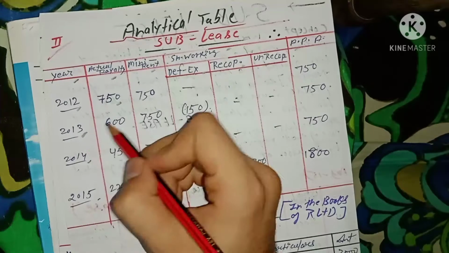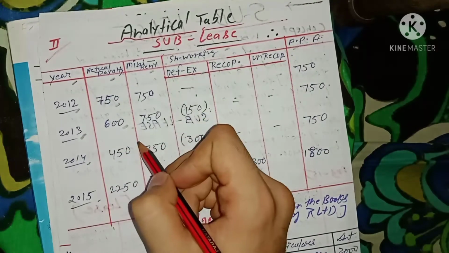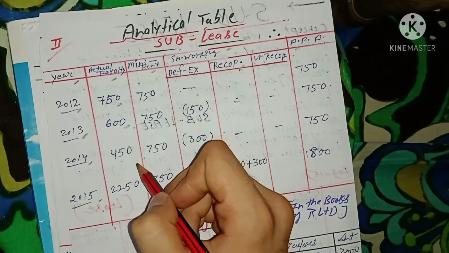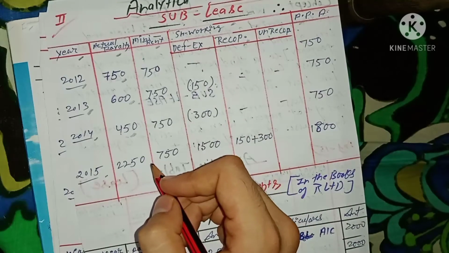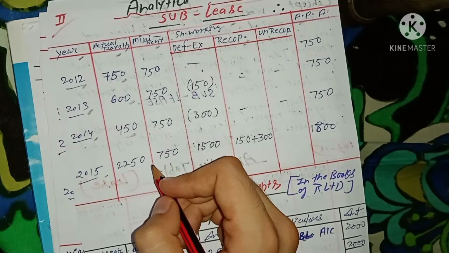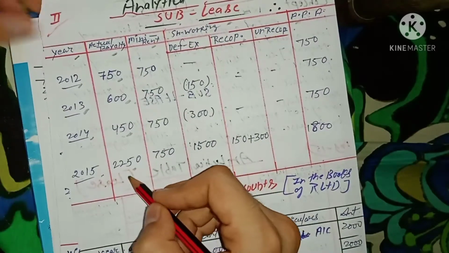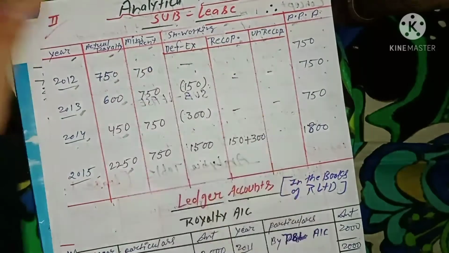In the year 2013, 800 multiplied with 0.75, you will get 600, and in 2014, 600 tons with 0.75, you will get 450. In the last year, in which the production occurred, 3000 tons multiplied with the 0.75 rate of royalty, you will get 2250. So that is the actual royalty amount.